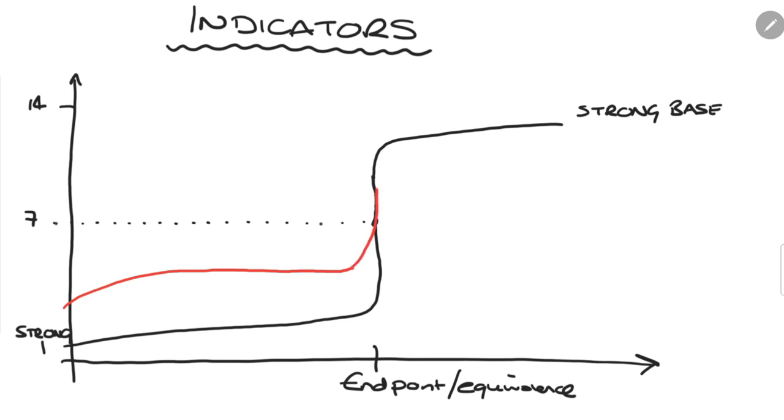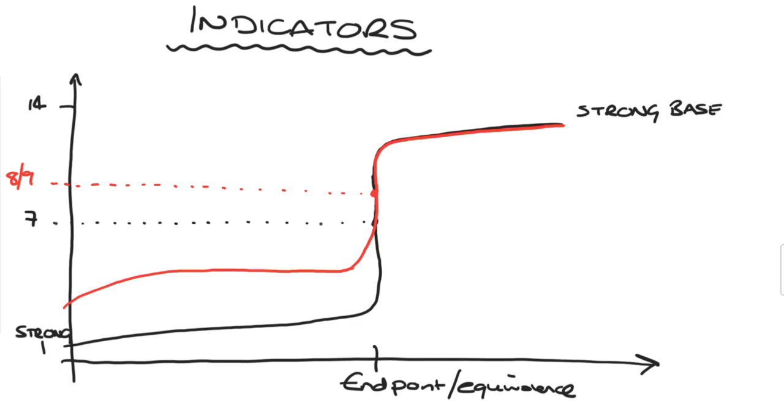And we may therefore expect, if we did the same titration against a strong base, so we finish at a higher pH there, that the equivalence point pH may be slightly higher than 7, and it may not be unexpected to see it in the 8 to 9 region, a higher pH at equivalence compared to a strong acid versus a strong base titration.